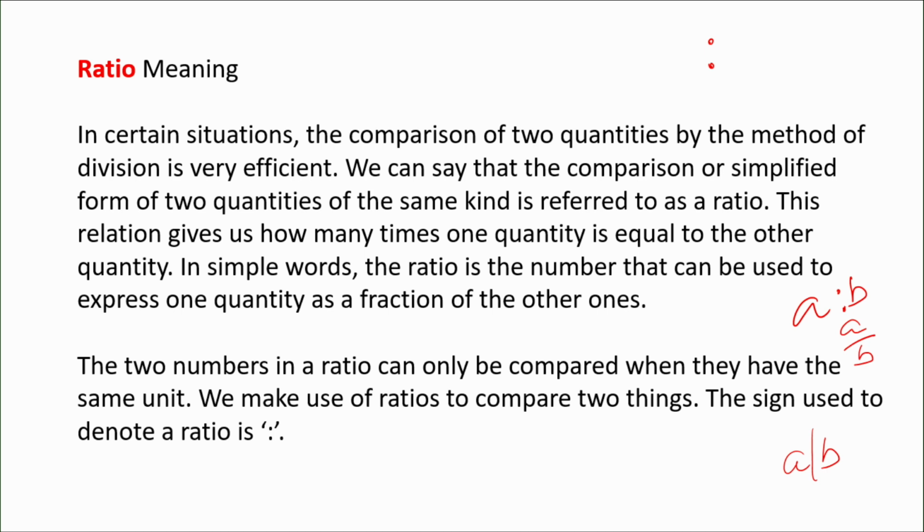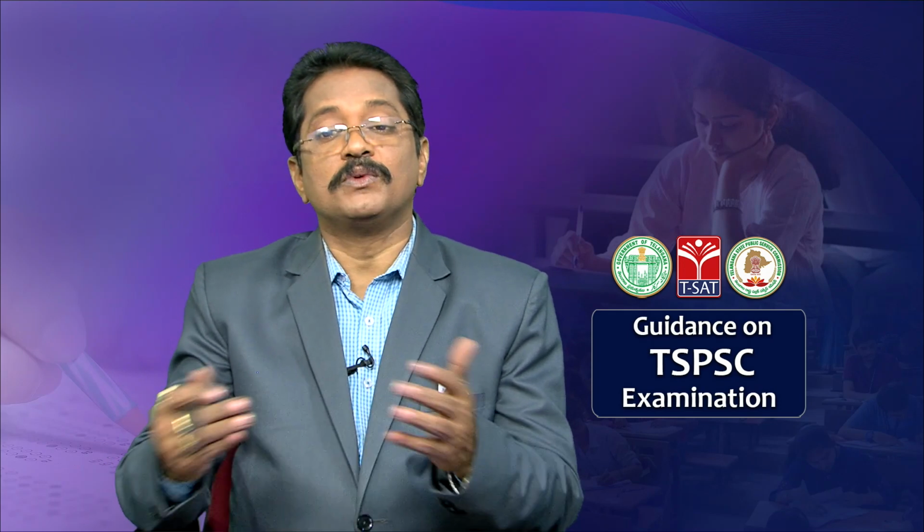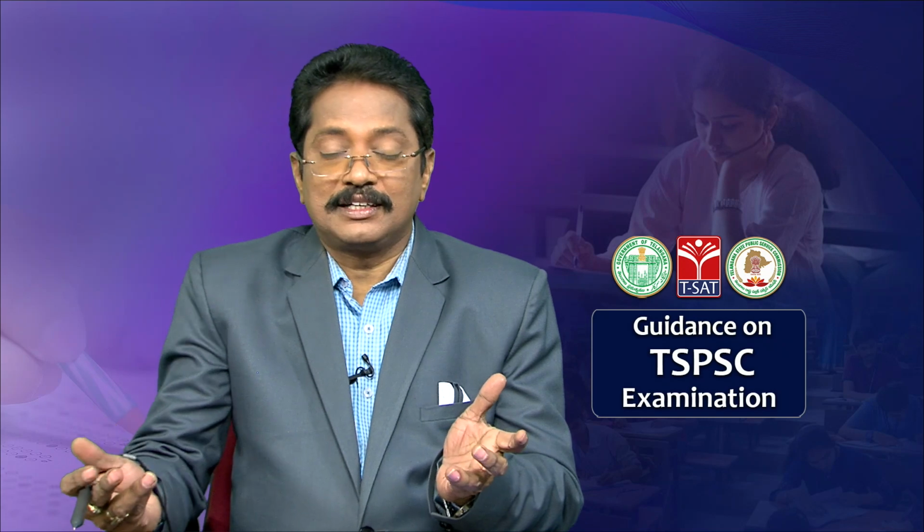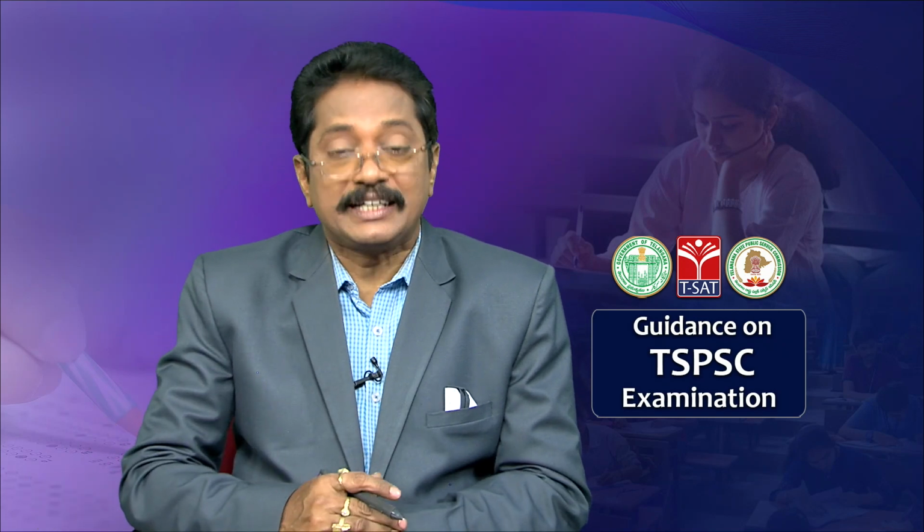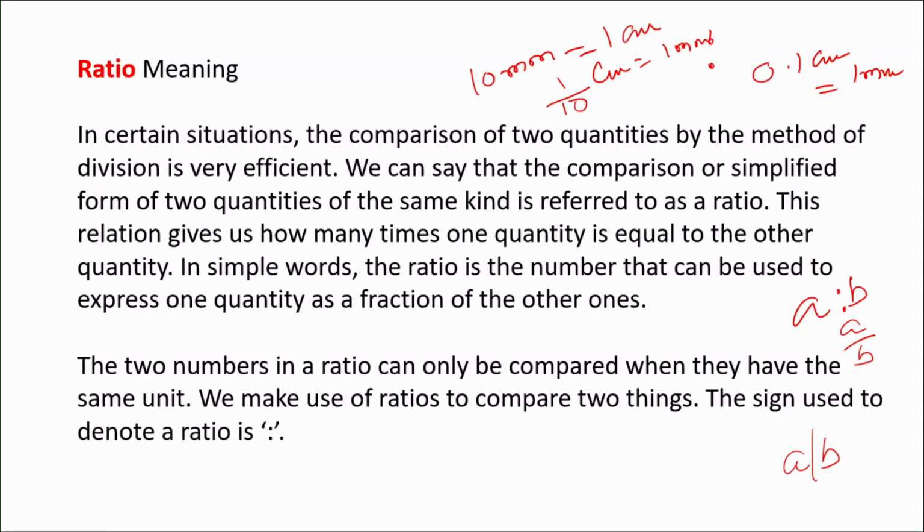For example, 10 millimeters equal 1 centimeter, which means 1 by 10 centimeters equals 1 millimeter, or 0.1 centimeter is equal to 1 millimeter, correct. It is just a fraction: we expressed millimeter in terms of centimeters, meaning 1 by 10 centimeters. In this way we can express a ratio in the form of a fraction.